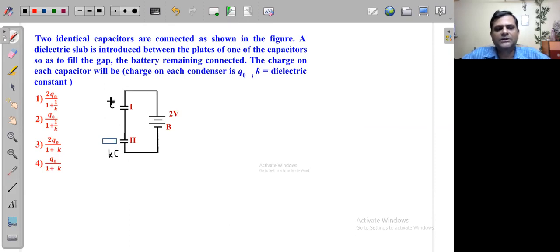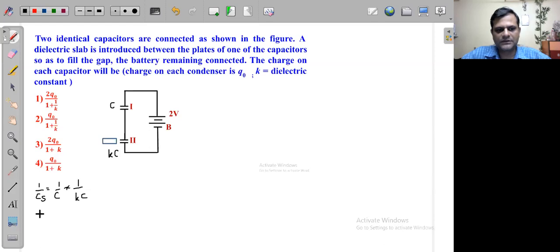And because of that, the total capacity of the series combination here will be given by the formula 1 upon Cs equals 1 upon C1 plus 1 upon C2, where C1 and C2 are C and KC respectively.